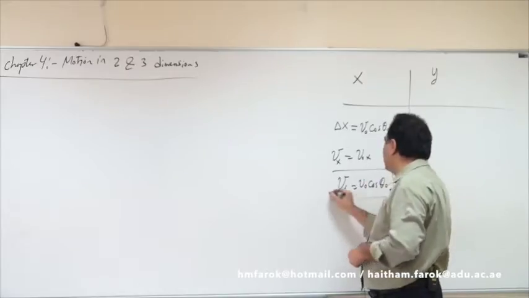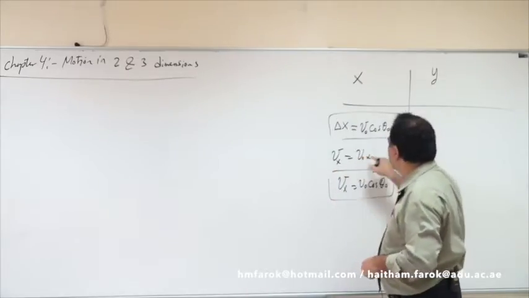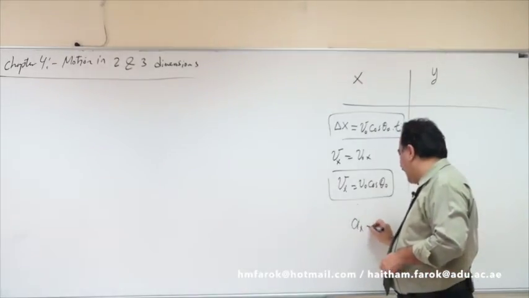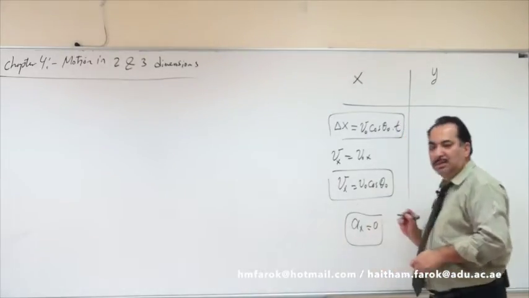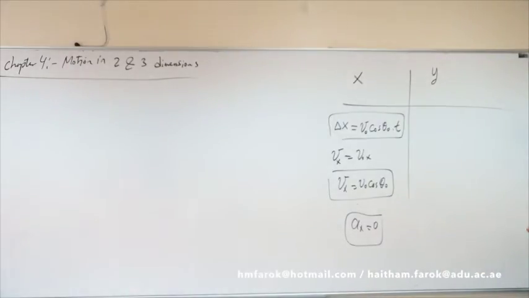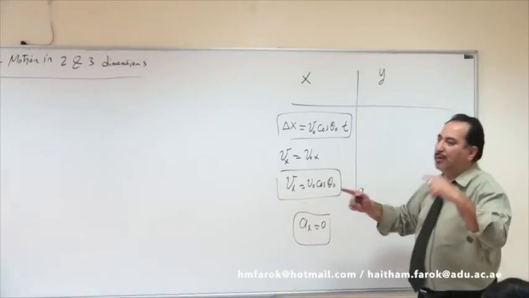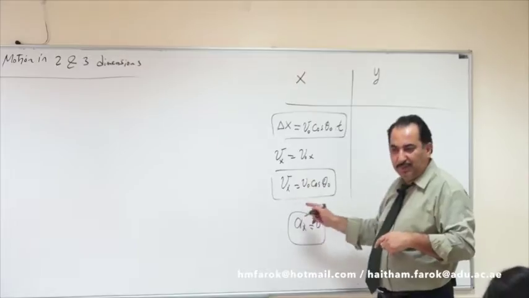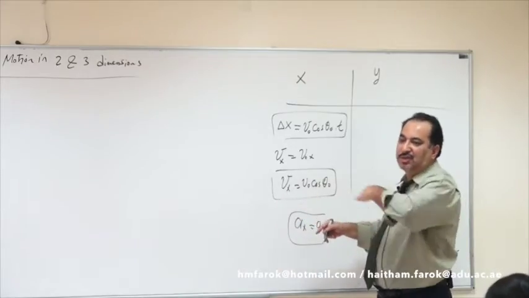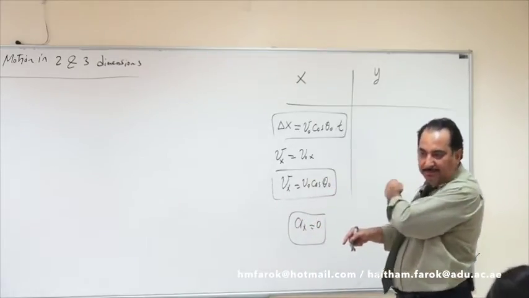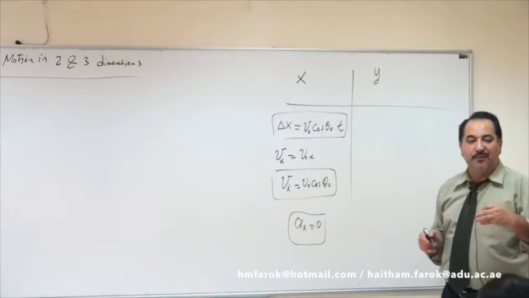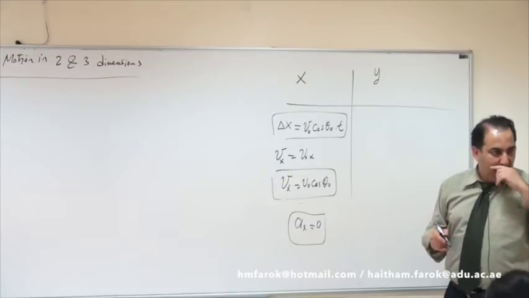So you need this and this, and this is a statement: AX is always 0. So this is everything to do with horizontal motion. In a projectile, you have one equation and one statement. It says Vx doesn't change; everywhere it is the same.